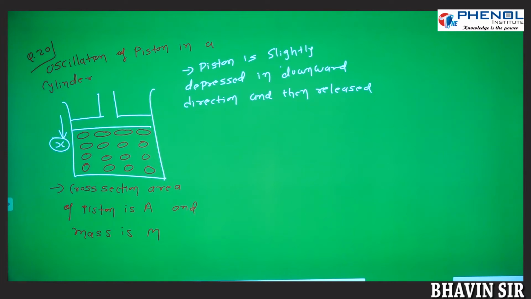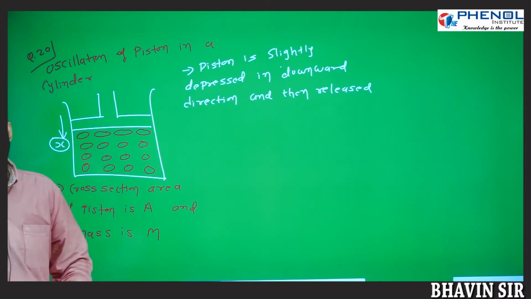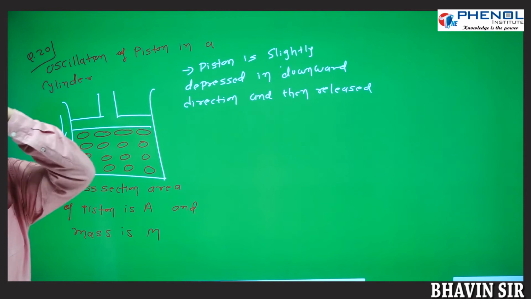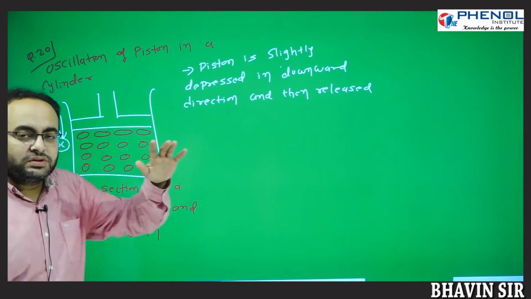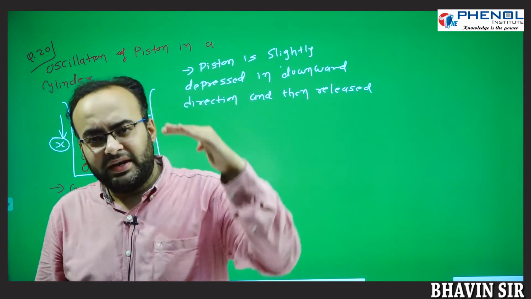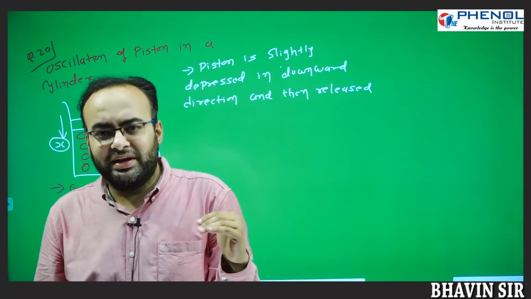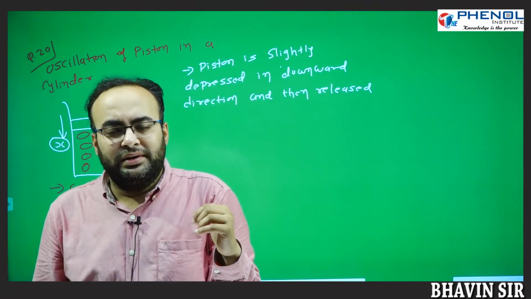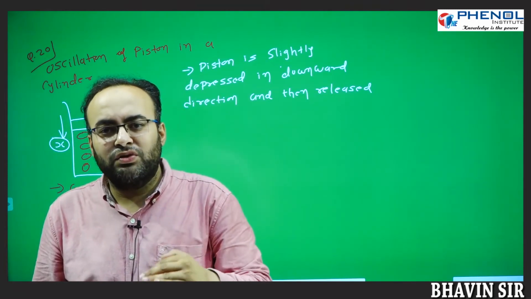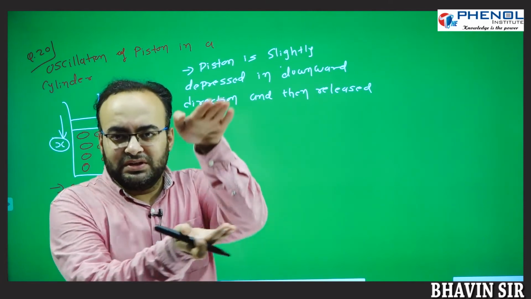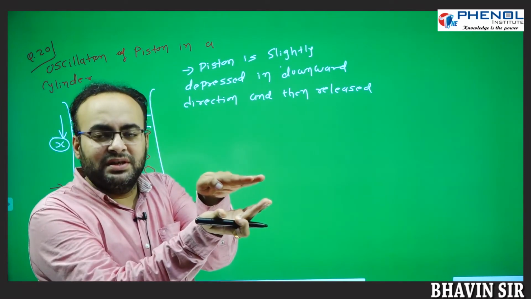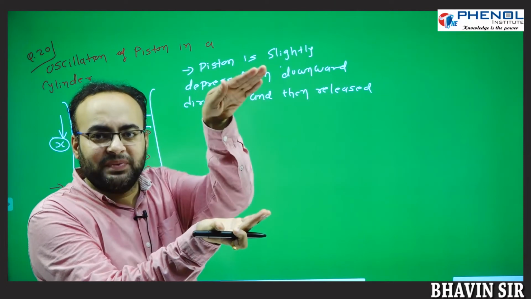Due to that, what is the change in volume of the gas? Delta V. When the piston is depressed slightly downward and then released, the gas is first compressed, but when the piston is released, the gas expands again.